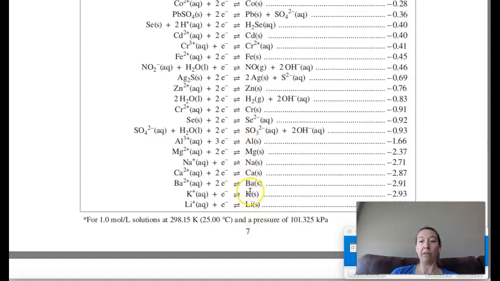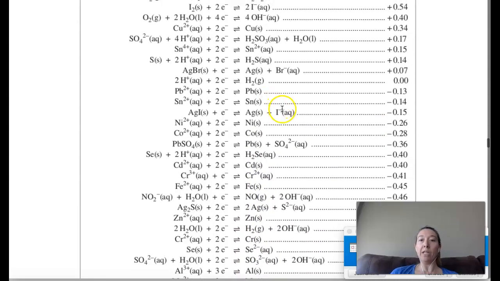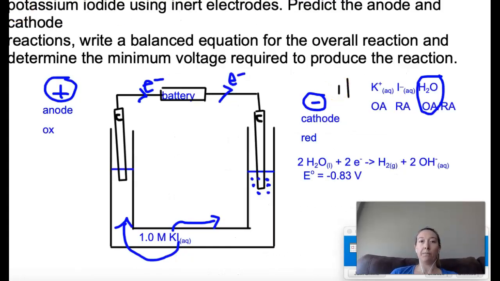So there's K, but that's K solid. I have K+ aq, so that's not what I'm looking for. Keep going, keep going. Here's an I-, but it involves silver, which I don't have, so can't use that. Keep going. Oh, here's I-. So that means I- is going to be my SRA.